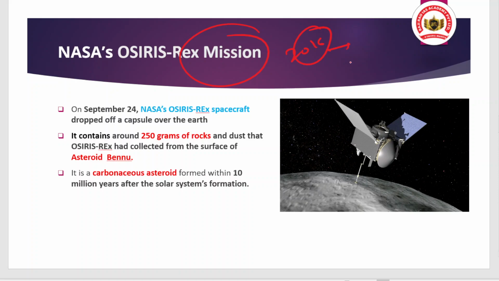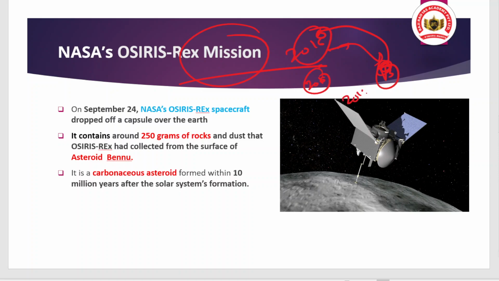Sample returning mission means this spacecraft will go to the asteroid Bennu in space, land there, collect the sample from there, and return back to the Earth. This was the proposed mission, and ultimately in 2016 it was launched.